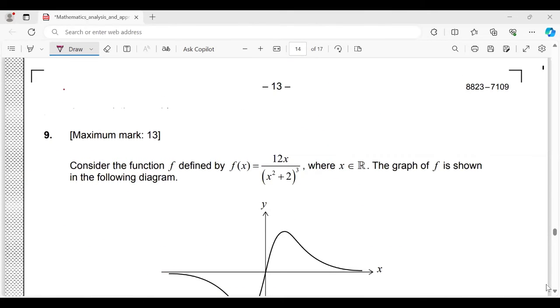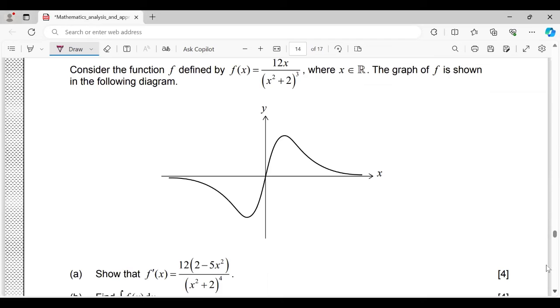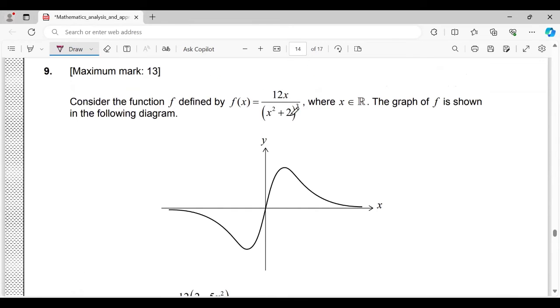Number 9. Consider the function f defined by f(x) equals 12x over (x squared plus 2) cubed, where x is a real number. The graph of f is shown in the following diagram.